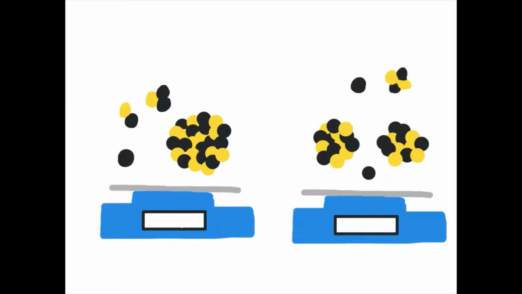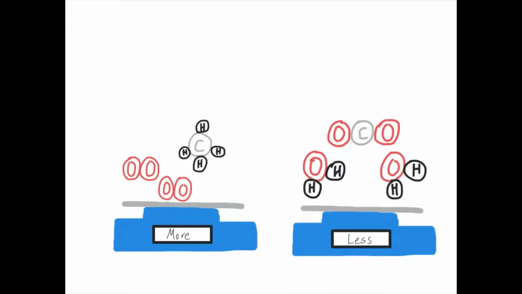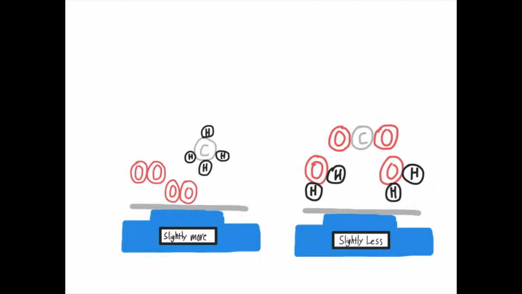A cool thing about nuclear reactions that release energy is that the products actually end up having less mass than the reactants. This is also true of chemical reactions that release energy, though it occurs on a much smaller scale because nuclear reactions release far more energy per reaction than chemical reactions do.